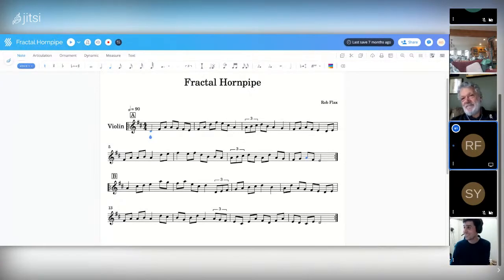And the interesting bit about it is it's kind of rough around the edges, and there's not an easy way to compress it, but you zoom in and it has some of the same properties. So this first measure of this, right? D, F sharp, A, G, F sharp, E, shows up on a bunch of different scale lengths.